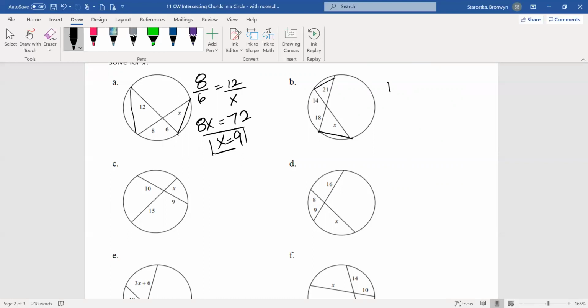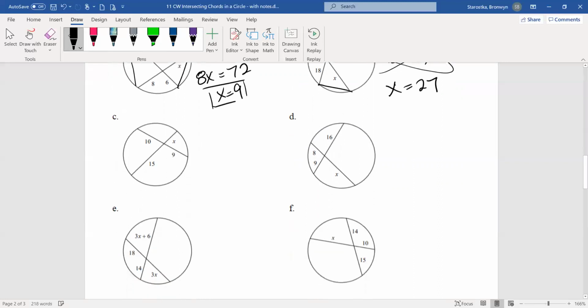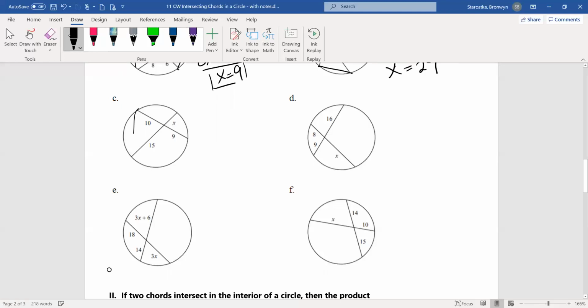14 over 18 equals 21 over x. Then 15 over 9.